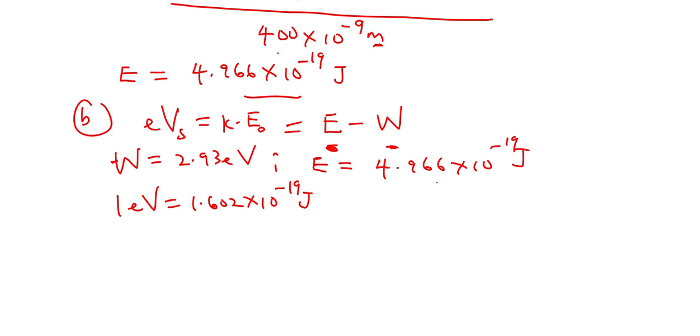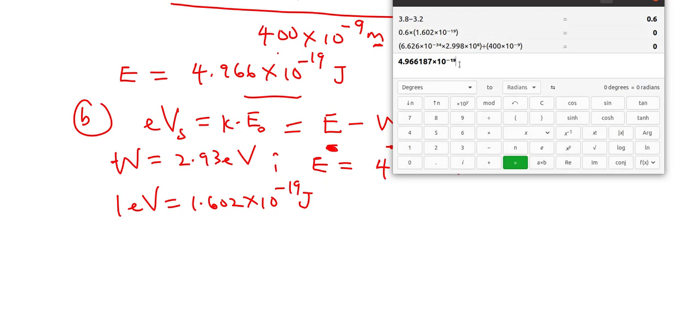So to convert joules to electron volts, we divide by 1.602 times 10 to the power minus 19. Let's go back to our calculator.